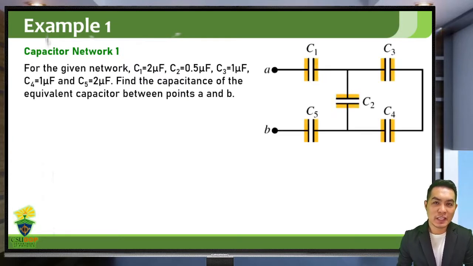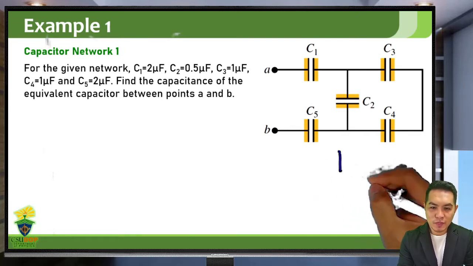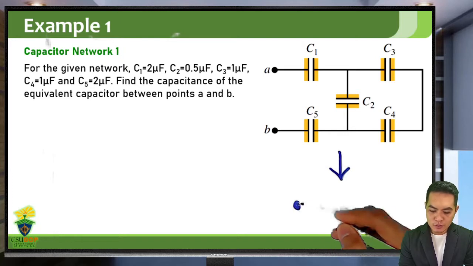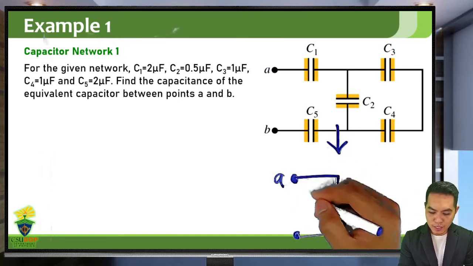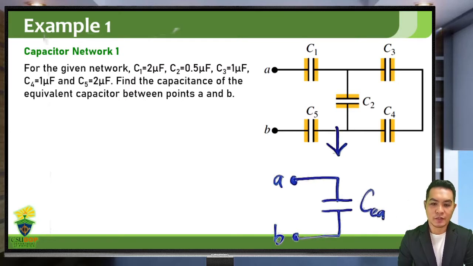For the given capacitor network, where C1 is 2 microfarads, C2 is 0.5 microfarad, C3 is 1 microfarad, C4 is 1 microfarad, and C5 is 2 microfarads, find the capacitance of this network between points A and B. Essentially, we want to convert this into just a single equivalent capacitor between points A and B. That's what we will do.